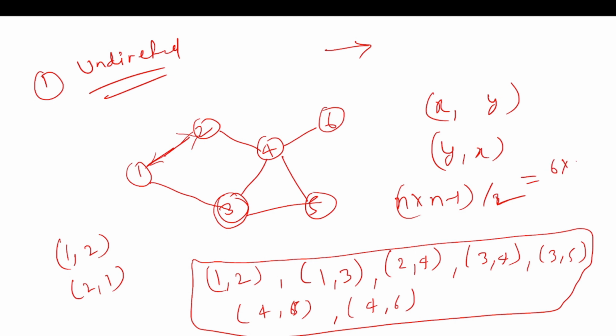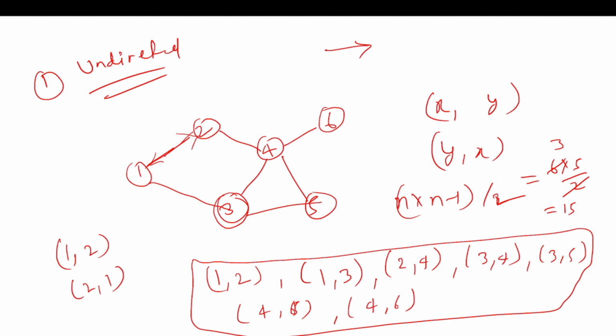I will write 6 into 5 by 2. I will do 3 into 5 is equal to 15, right? So the total number of edges possible in an undirected graph without a loop will become n into n minus 1 by 2. You got my point?